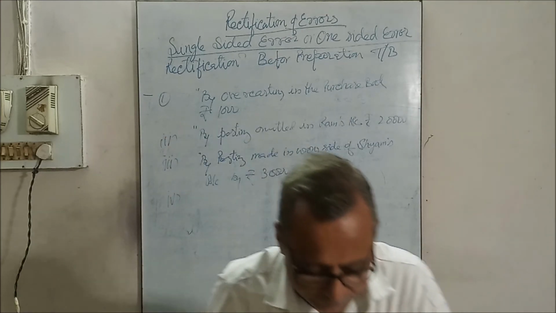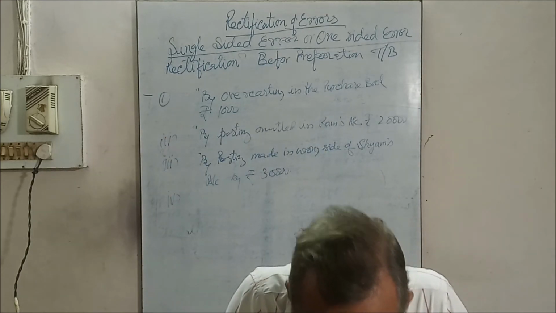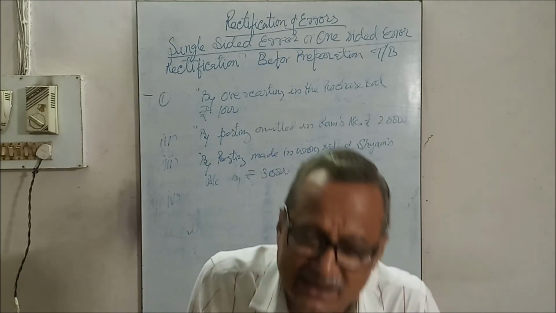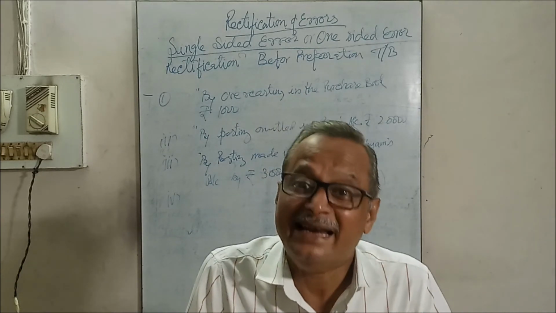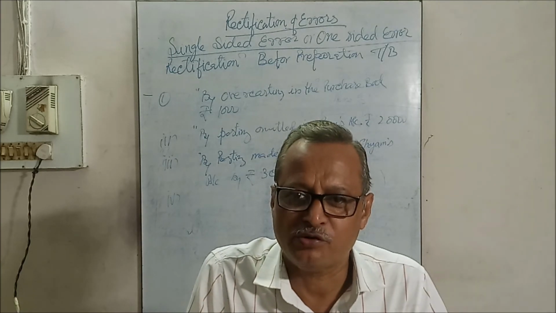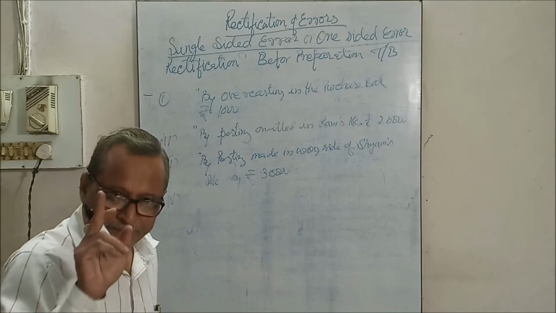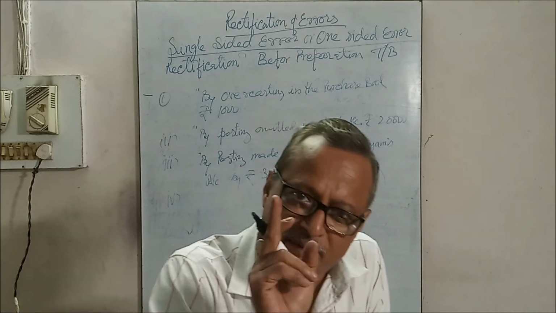Fourth, purchase from Ghanshyam 10,000 has been posted to his account as 1,000. Meaning less amount posted in his account. Arithmetical error. Ghanshyam account should be credited because it was purchased from Ghanshyam.